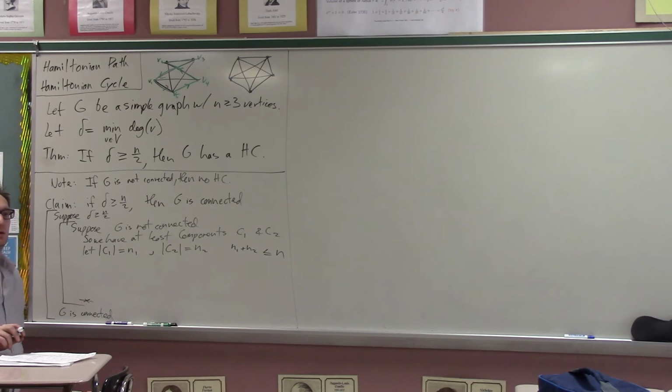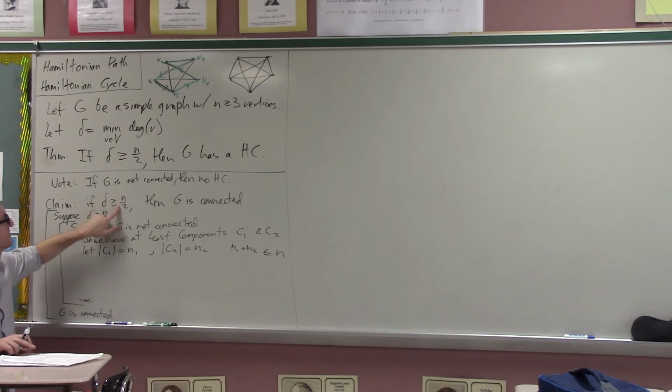Otherwise, N1 itself is less than or equal to N over 2. There could be other components, but it doesn't matter at all. It's just true. This is just literally addition of facts. Before I write that down, keep talking.